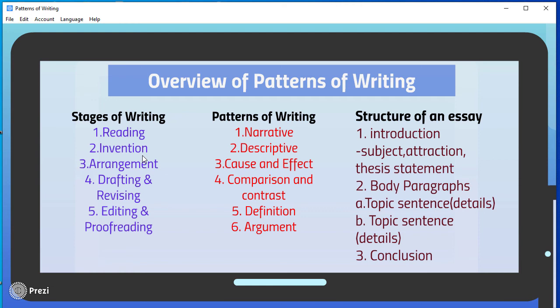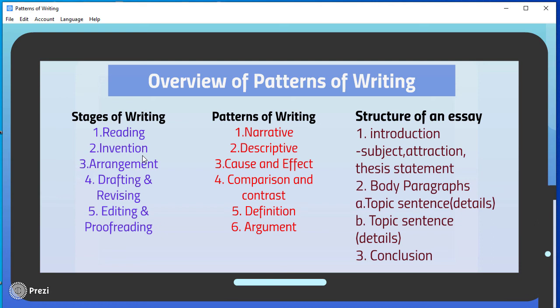And in the body paragraphs, there will be two or three body paragraphs or maybe more. There are no rigorous rules that you must have two paragraphs or three paragraphs. There may be many paragraphs also.